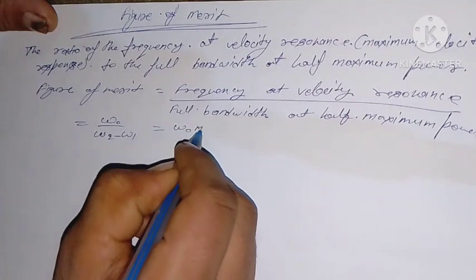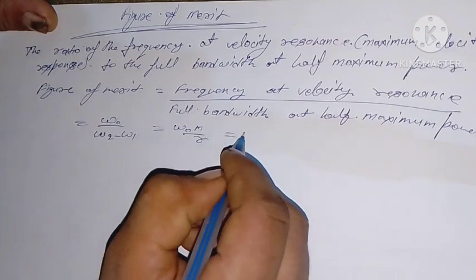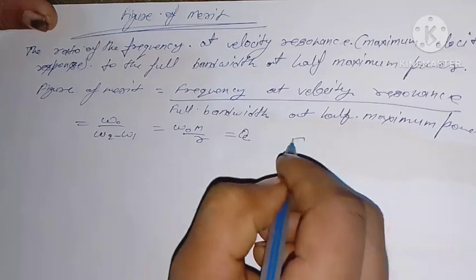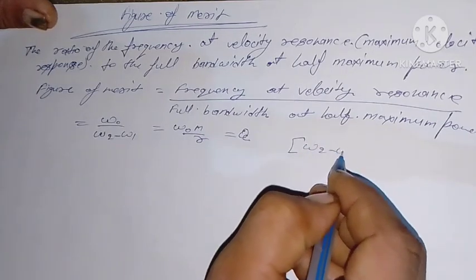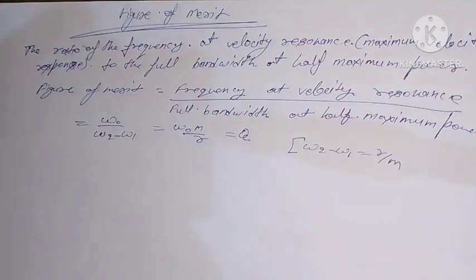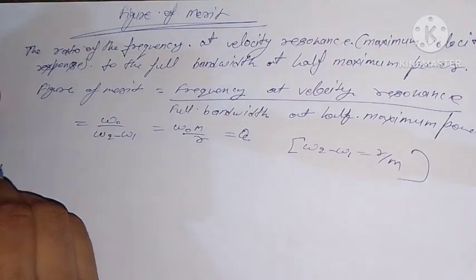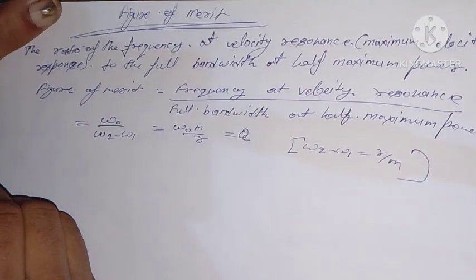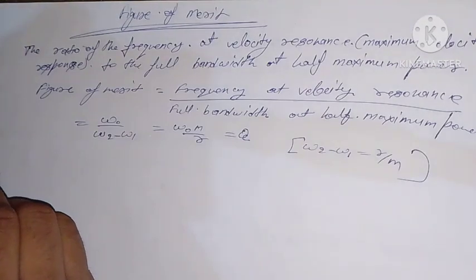That is omega naught upon (omega 2 minus omega 1), that is omega naught m by R. That is Q, where omega 2 minus omega 1 equals R by m, where Q is the quality factor.